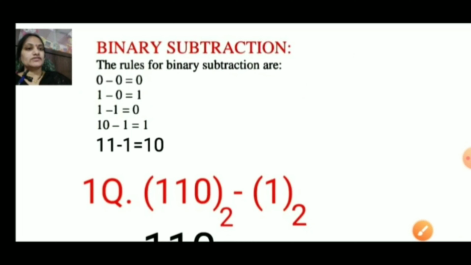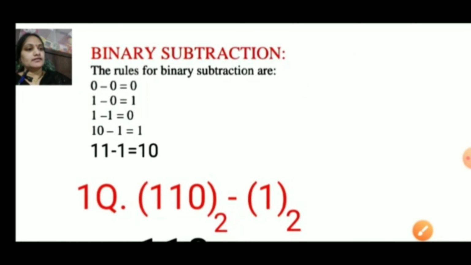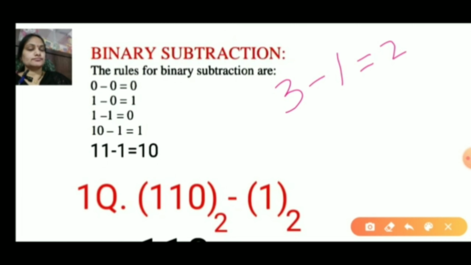Again, 3. All of us know that 3 minus 1 is equals to 2. Okay. But in case of binary number system, we should not write the digits 2 and 3 because these two digits are not present in the binary number system. But instead of 3, we can write, what is that value? That is 1 1.